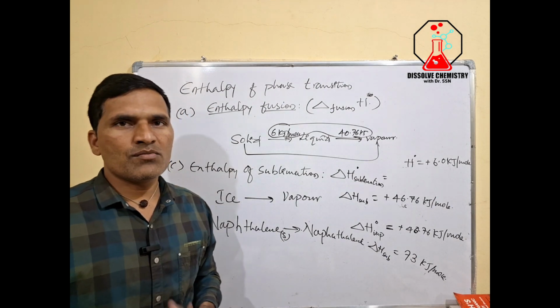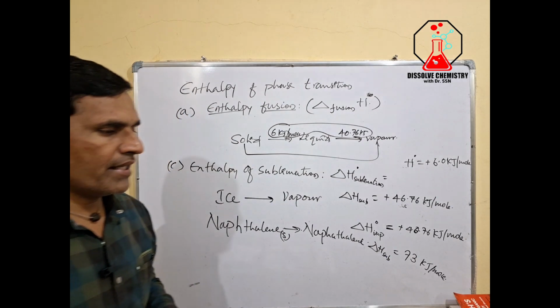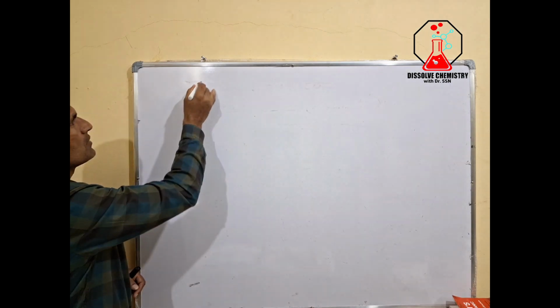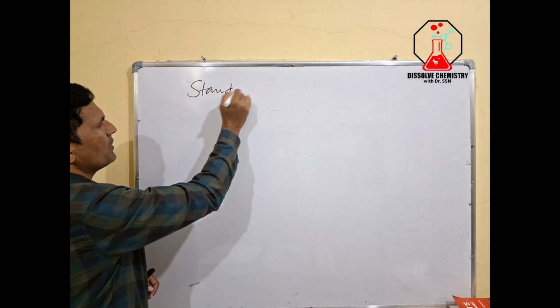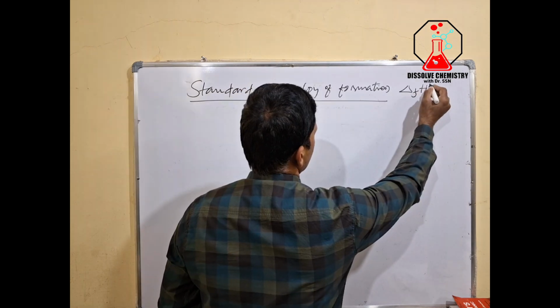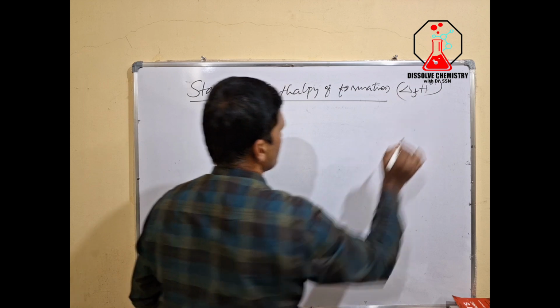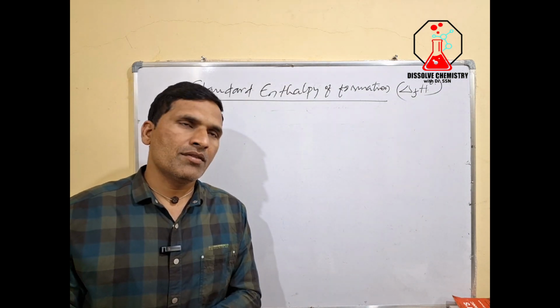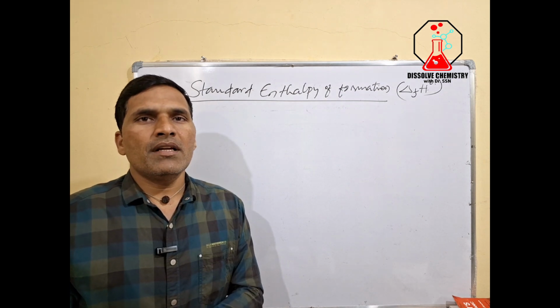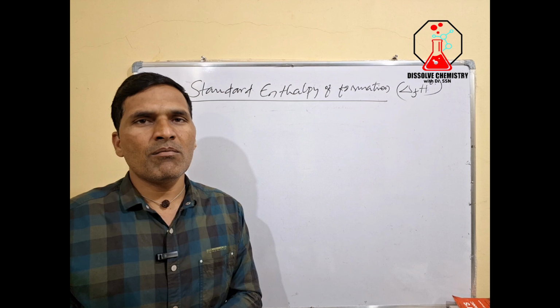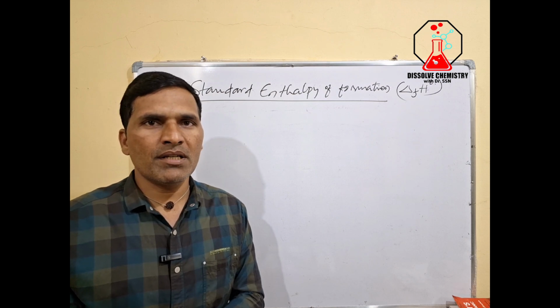Now let us move on to the next very important enthalpy, that is enthalpy of formation. Standard enthalpy of formation. Now what is the standard enthalpy of formation? We have different compounds, and these compounds are formed by the combination of the elements.